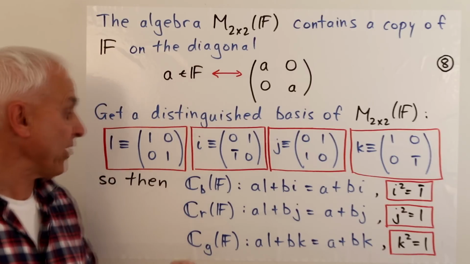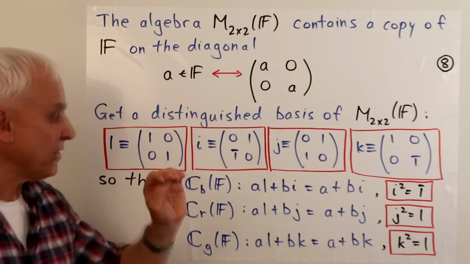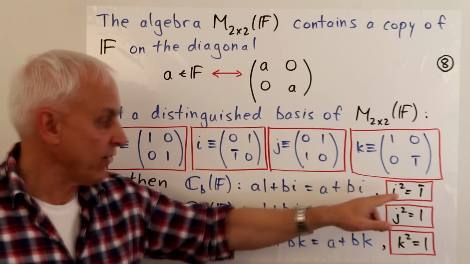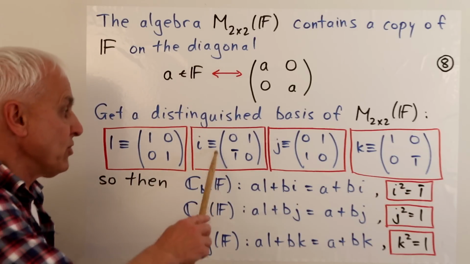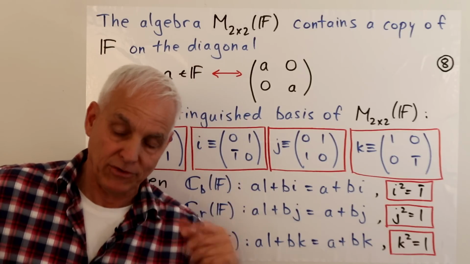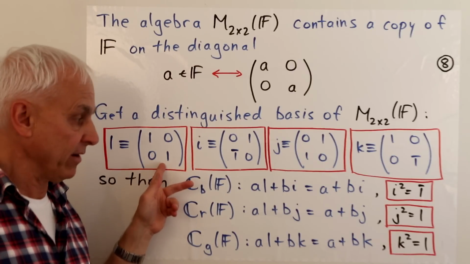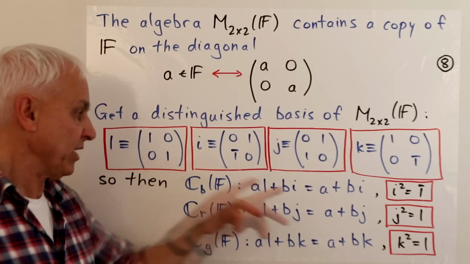I is just representing this particular 2x2 matrix. And the crucial property that I squared is equal to minus 1 is just what you get when you square this matrix in the world of 2x2 matrices. You're going to get the negative of this thing. This is 1, so you're going to get minus 1.